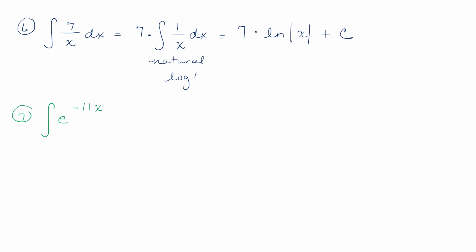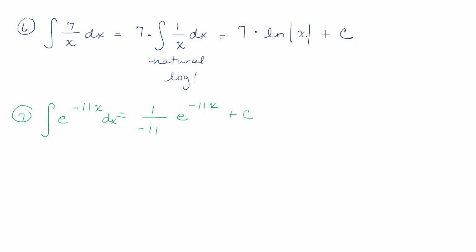This is the one where we have e to the ax dx. So that's going to give us 1 over the a, which is the negative 11, times e to the negative 11x plus c.